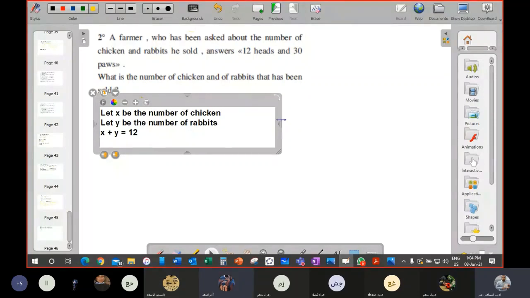So 2x represents the number of paws of the chickens, plus the rabbits, how many paws? 4. 4y is the number of paws of the rabbits, equal how many? 30. This is the second equation.